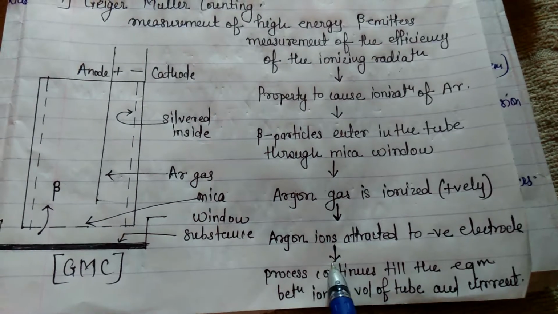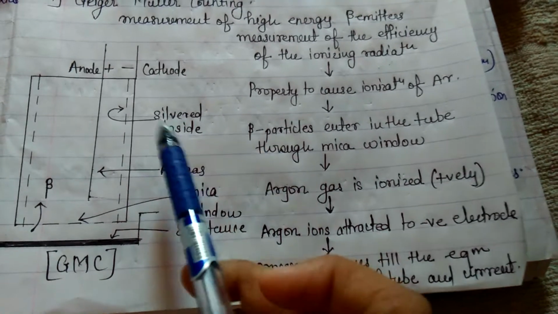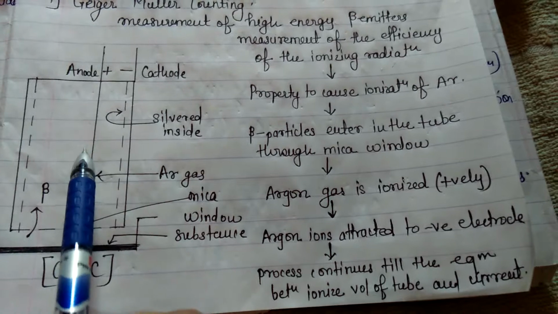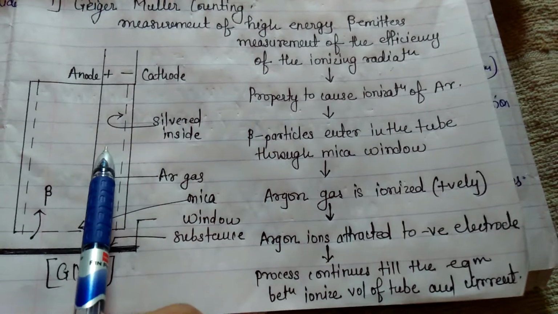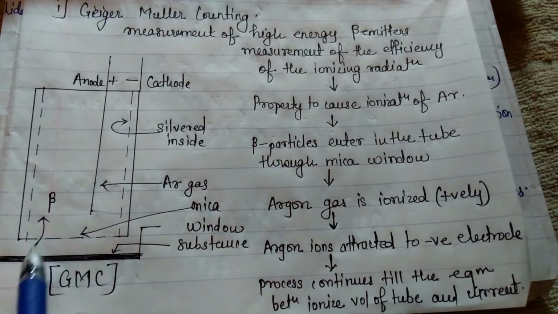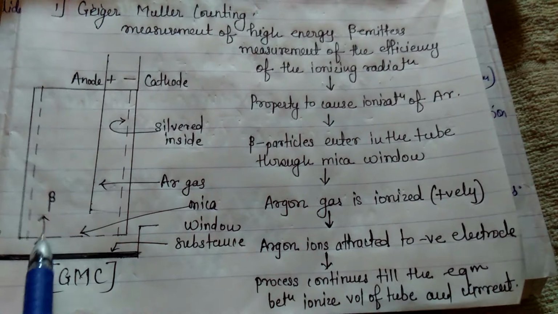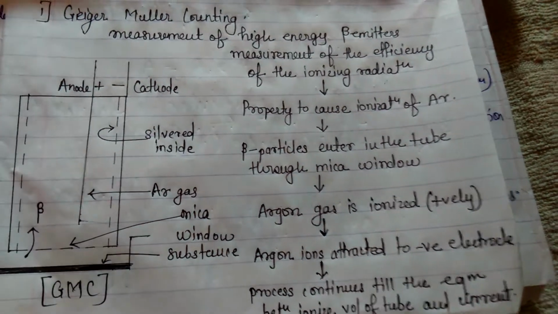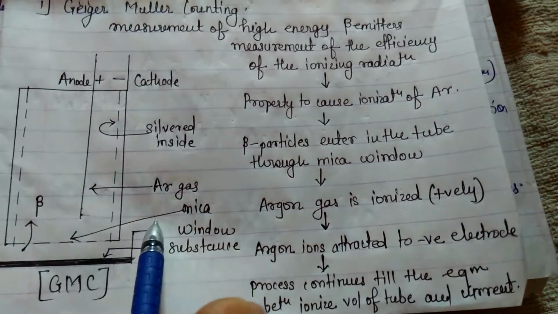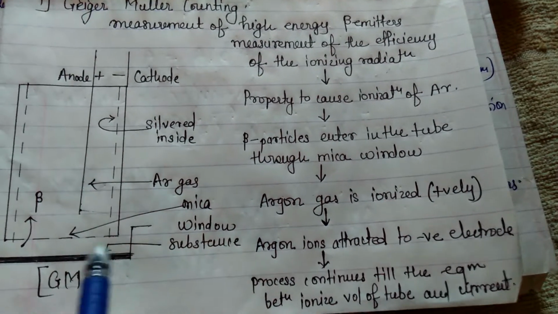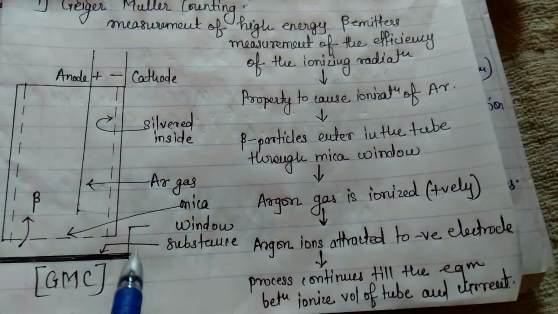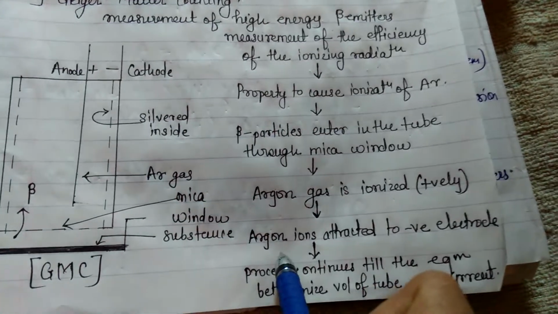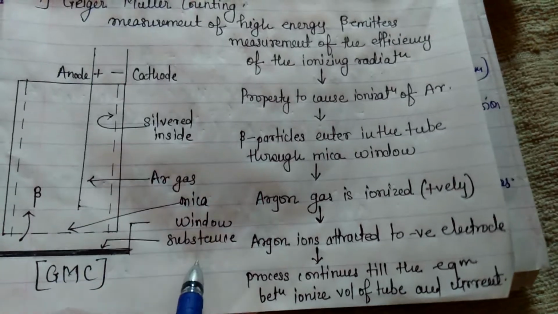Then that current proceeds in the form of a signal to detect the efficiency. The efficiency is not high if the energy of the beta emitter is low. The advantage is that it provides a high output, but the disadvantage is that efficiencies are low if the energy is low. Hence it is not suitable for tritium, an isotope of hydrogen.